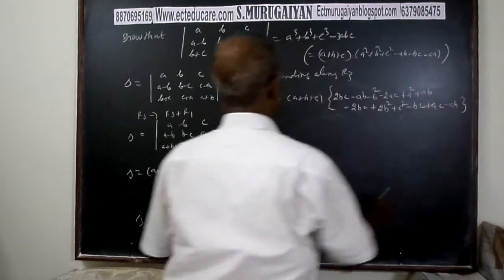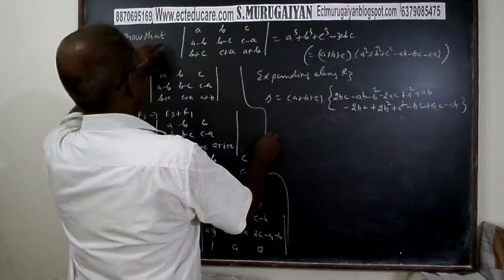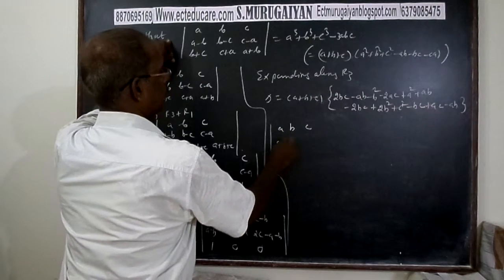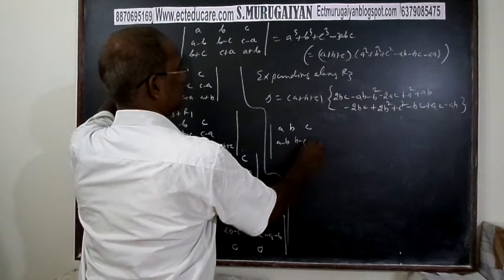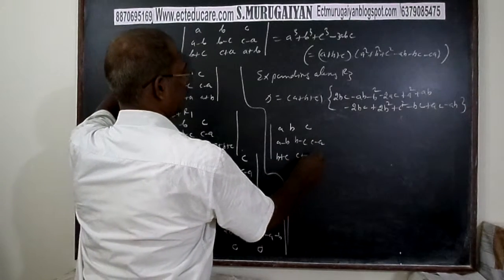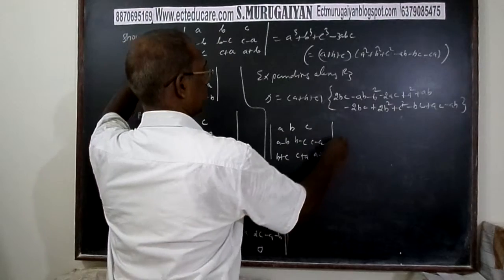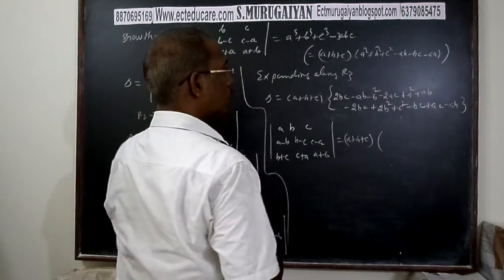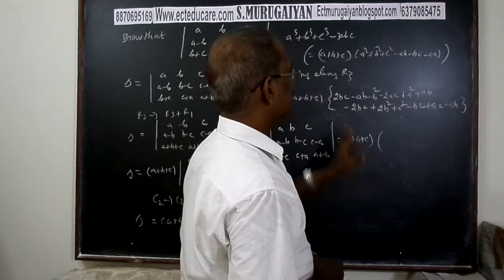Now delta, the given determinant a, b, c, a minus b, b minus c, c minus a and b plus c, c plus a plus b, is equal to (a plus b plus c) into a square.